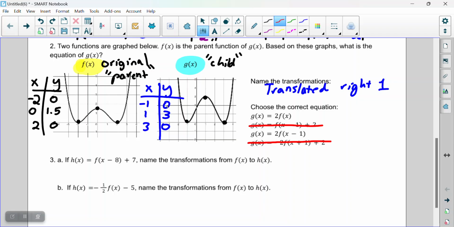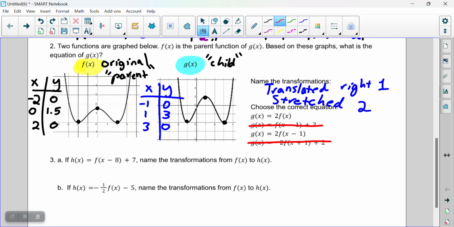There's no adding. What if I multiply? If I multiply 0, it still says 0. But if I multiply a number, then it'll change. So what would I multiply 1/2 by to get 3? You multiply 2. So my second transformation would be it stretched 2.